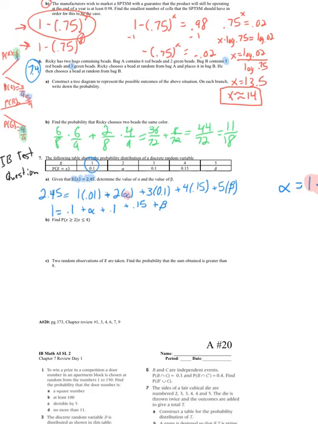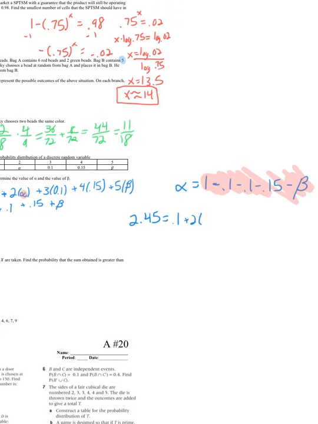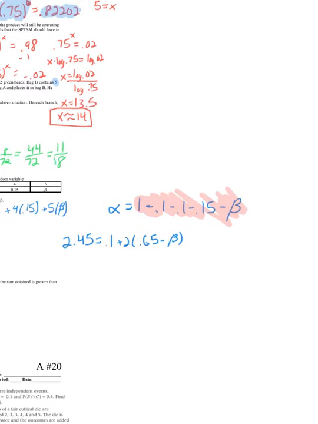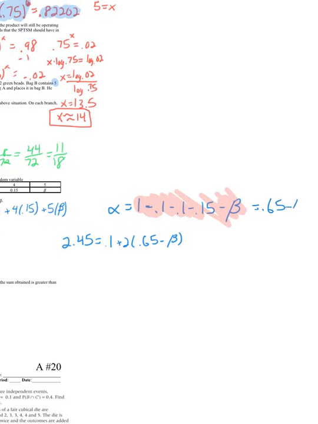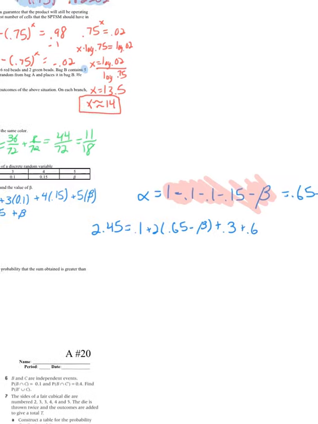That's the trick for this particular problem. 2.45 equals 0.1, plus 2 times, this is minus 0.35, so 0.65 minus beta. After I simplified this, it comes out to 0.65 minus beta. That's where I got that from. And then plus 3 times 0.1 is 0.3. Plus 4 times 0.15 is 0.6. Plus 0.5 beta.